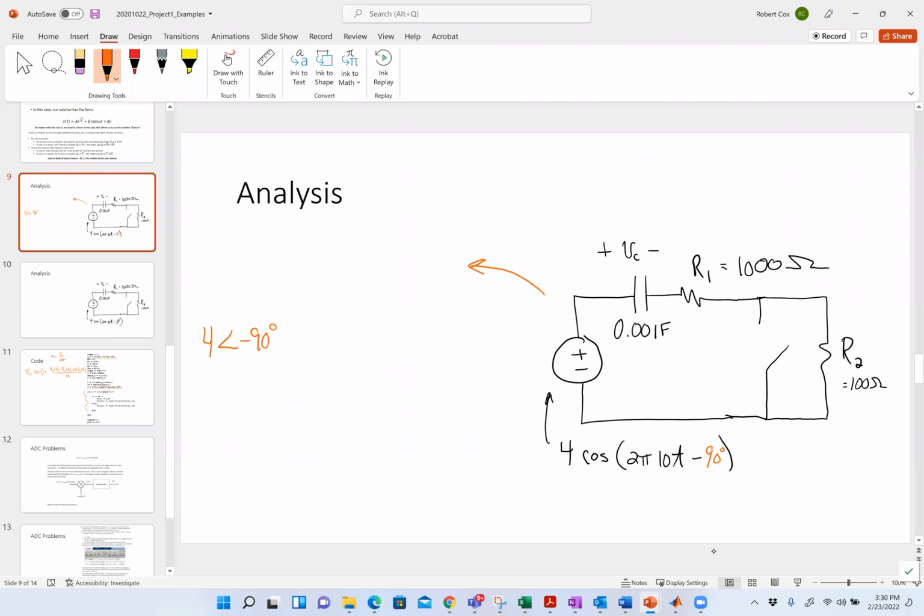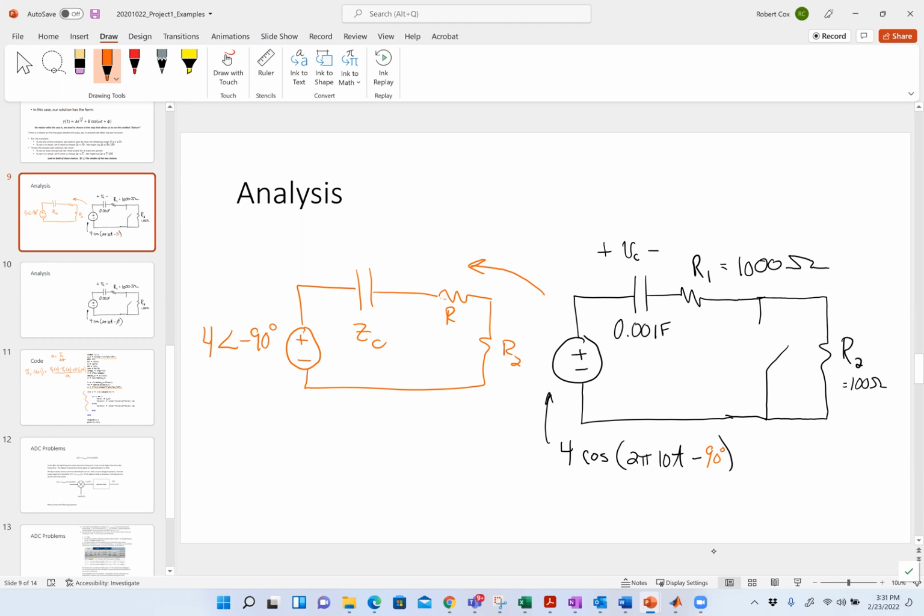I just want to redraw the circuit first. What do I replace the capacitor with? Not an open circuit, because I'm doing steady state analysis with impedances now. So I just replace it with Z sub C, and I replace R1 with R1 and R2 with R2.